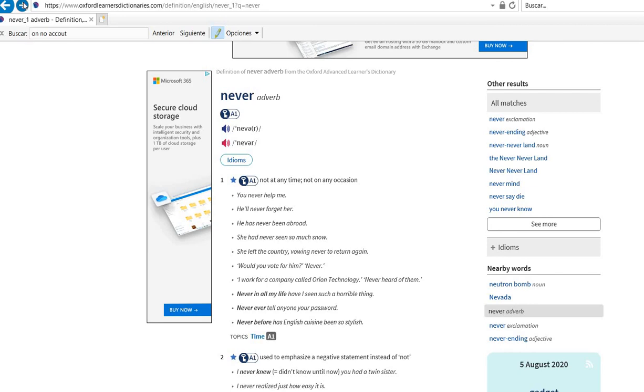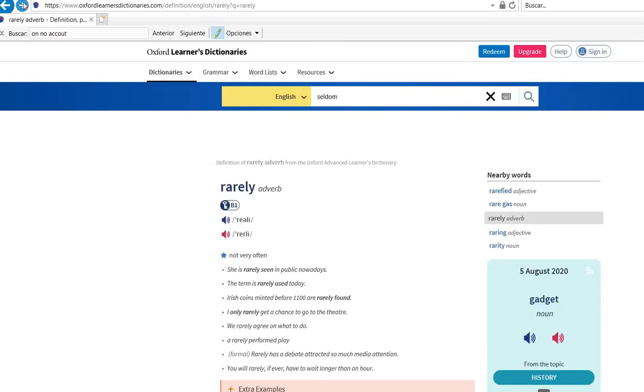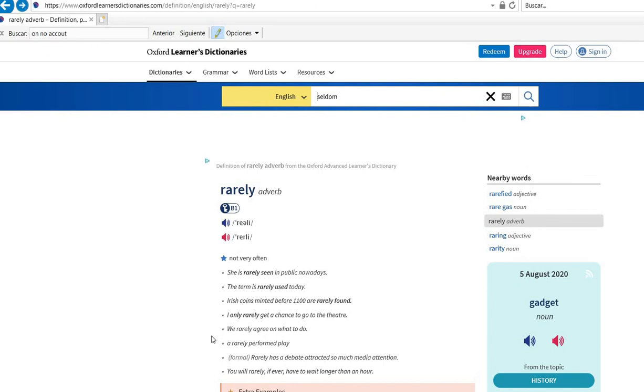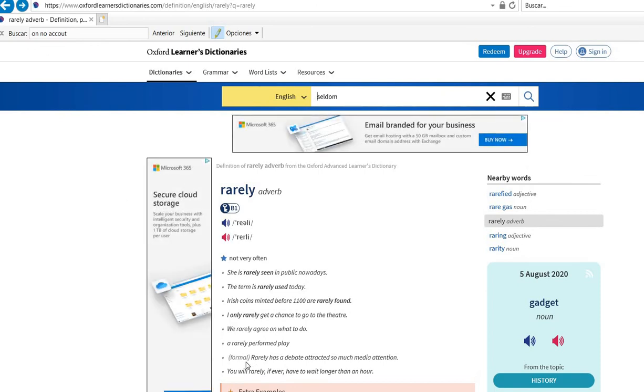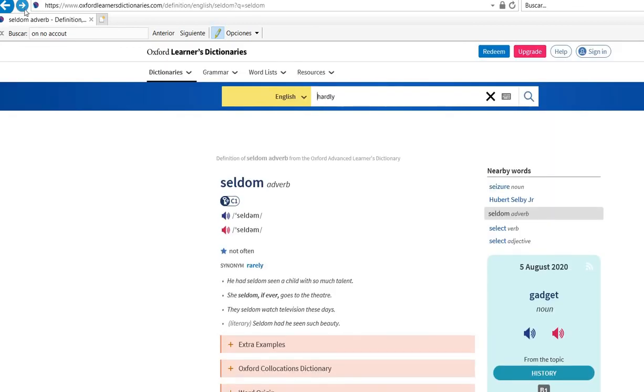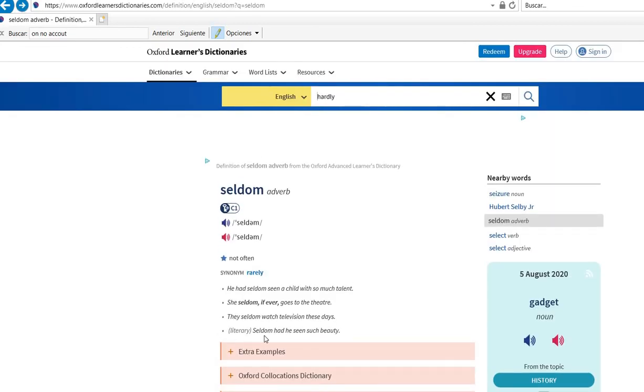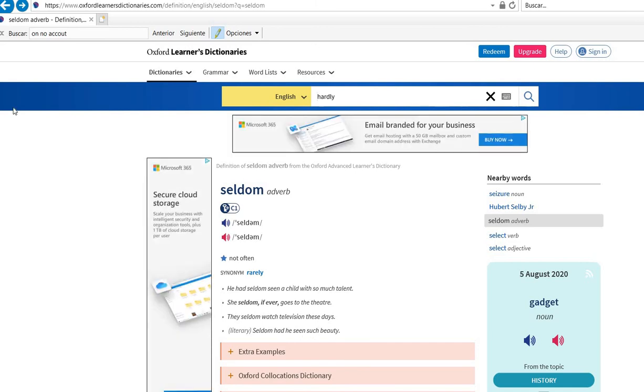Then also I wanted to show you rarely, right? And notice that whenever we use rarely at the beginning, the dictionary says formal. Rarely has a debate attracted so much media attention, right? Seldom, literary, it says now: seldom had he seen such beauty.